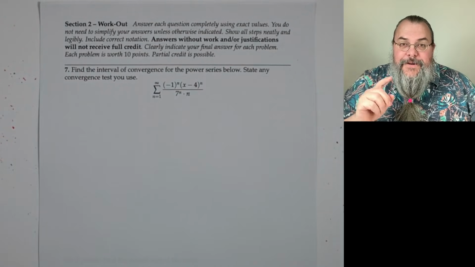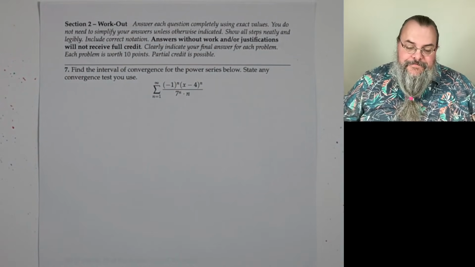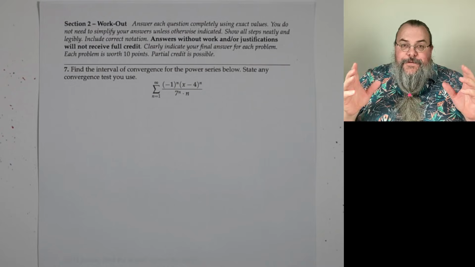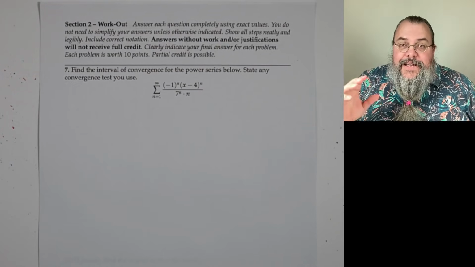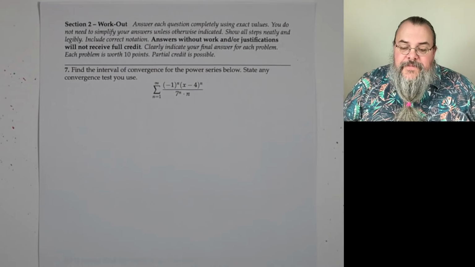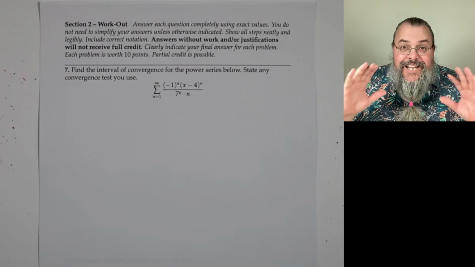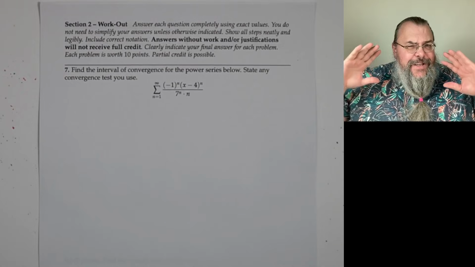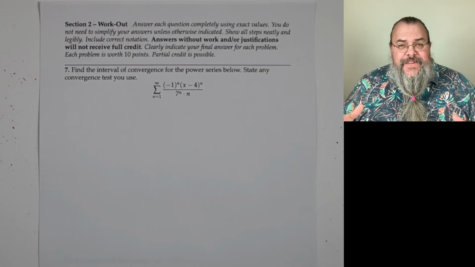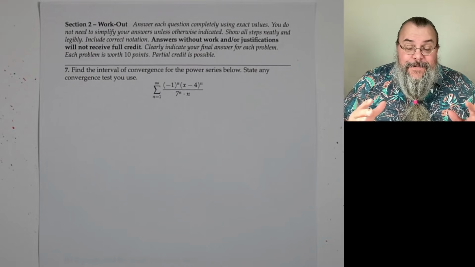So let's begin with number 7. Find the interval of convergence for the power series below. State any convergence test you use. Classic problem. So this is one you almost always know is coming. So be ready for it.